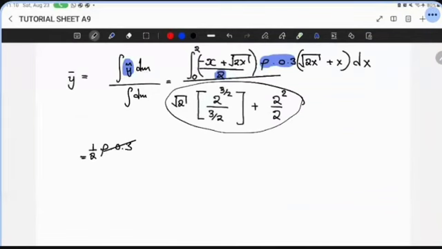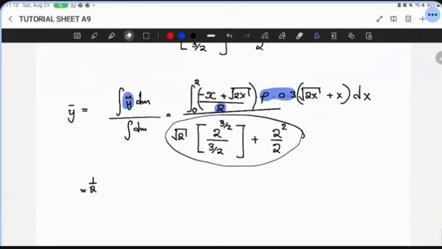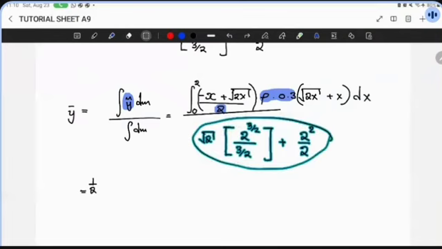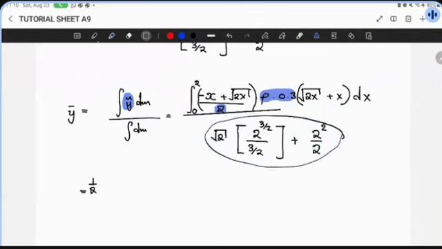It cancelled with the same thing that came out from the denominator. So I can skip this. So I can even skip it from here. If I want to keep it here, it means that at this stage, I should show that those constants are around so that they get to cancel in the next step.